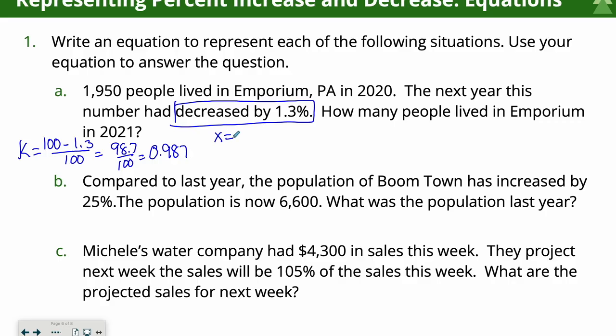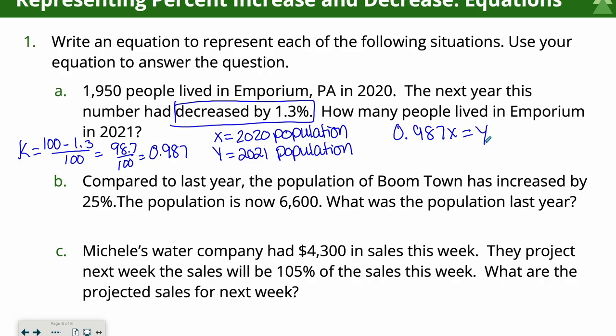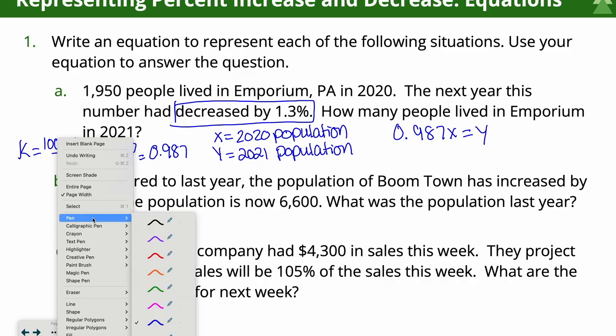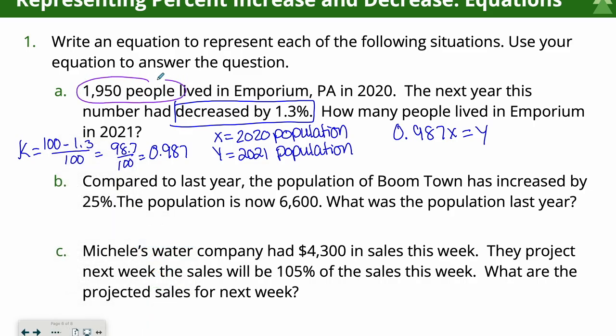I need to define my variables. So X is the 2020 population because that comes first. Y is my 2021 population. My equation is 0.987x equals Y. We were given this value, and it says in 2020.